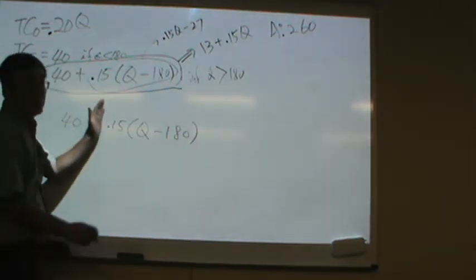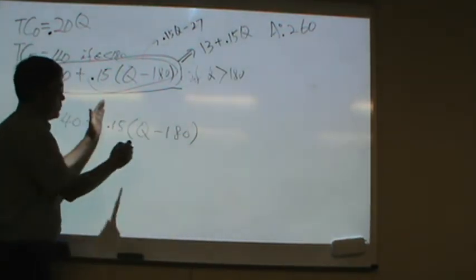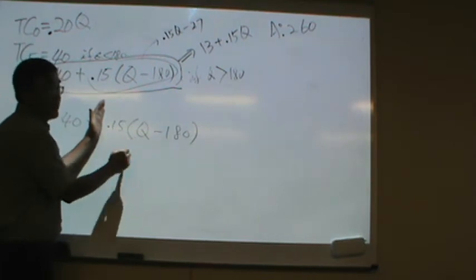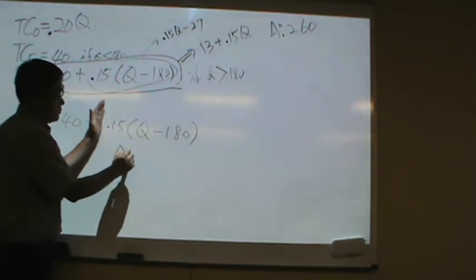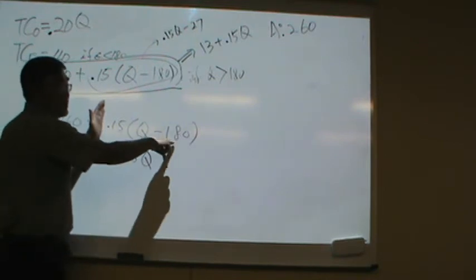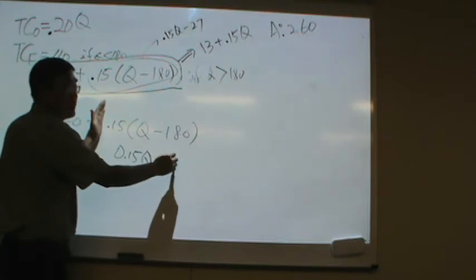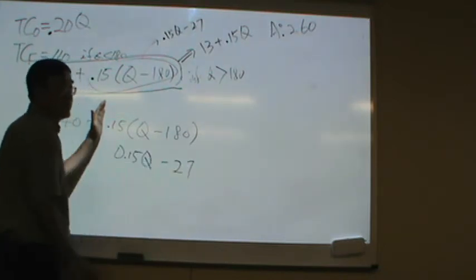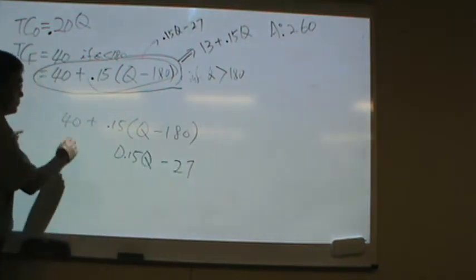This one itself, 0.15 times 180 is 27, negative 27.